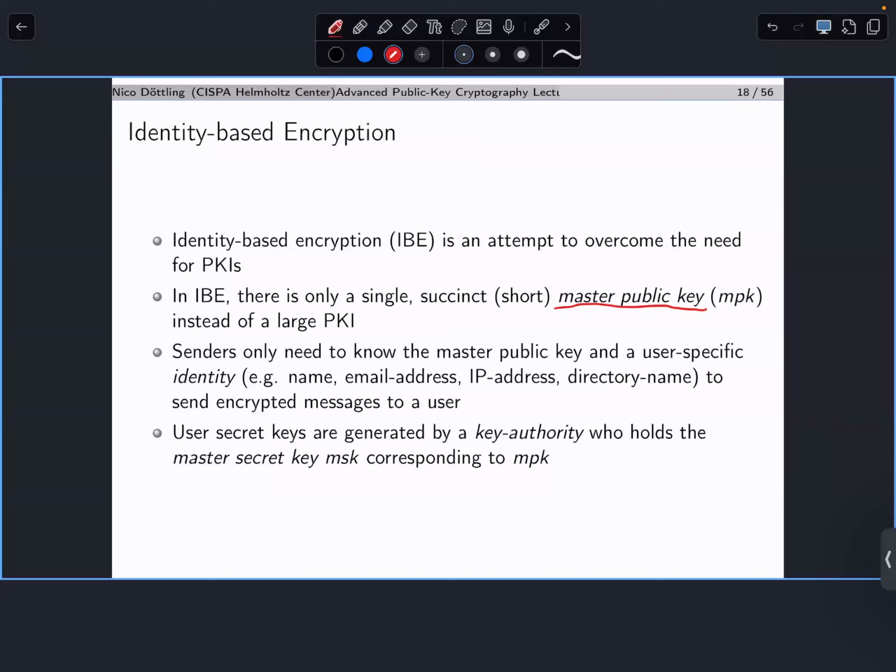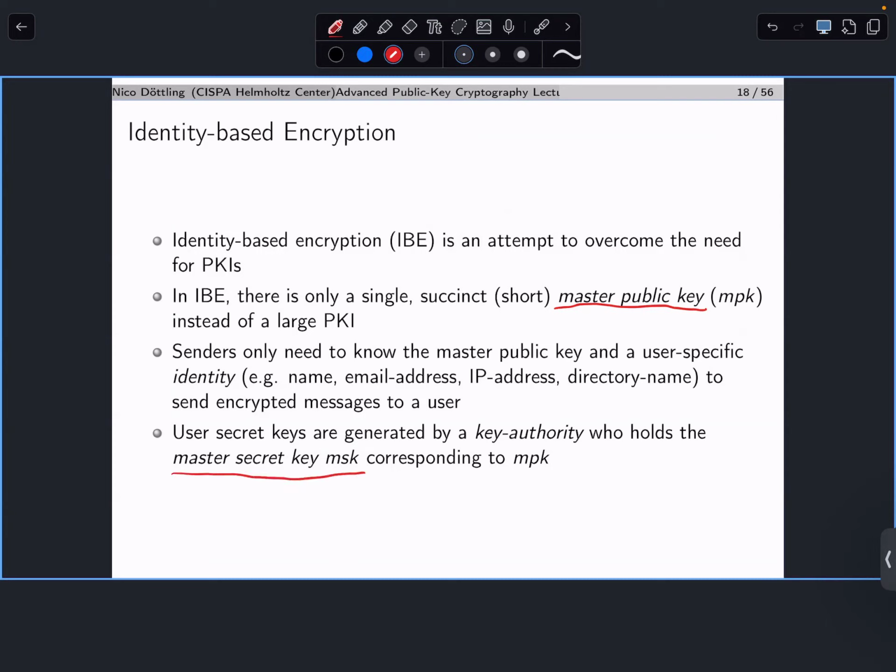And now, how do you decrypt? Well, in order to decrypt, you will have to have an identity-specific secret key. Identity keys or user secret keys are generated by a key authority who holds the master secret key.